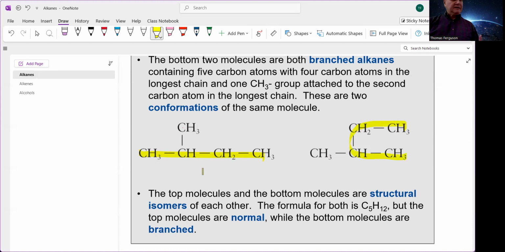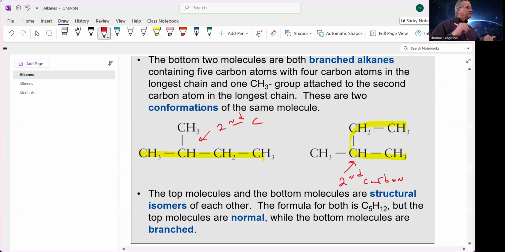Where is the branch? The branch is on the second carbon. Second carbon. And the branch is 1 carbon long. So these are the same molecule. Notice that I counted from the back on the right-hand molecule. So you can start from the left or the right when you're numbering, because we can flip those in space very easily.